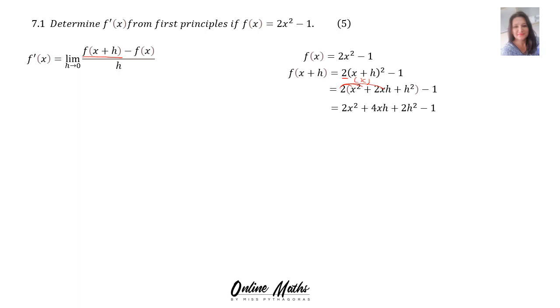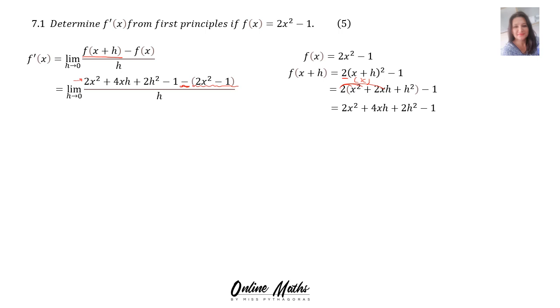So that's the answer. So back into your sum over here, in the place of f of x, you substituted that whole 2x squared plus 4xh plus 2h squared minus 1. And then there's the minus from the formula and a bracket f of x, the function as it was given to you.